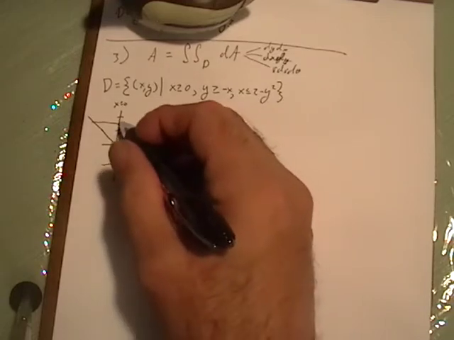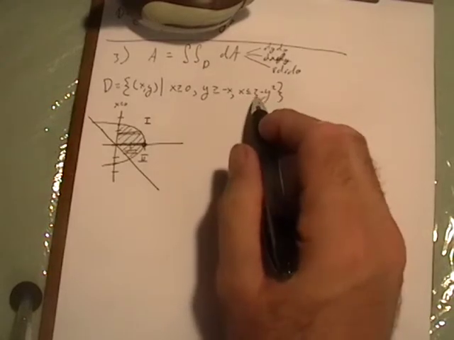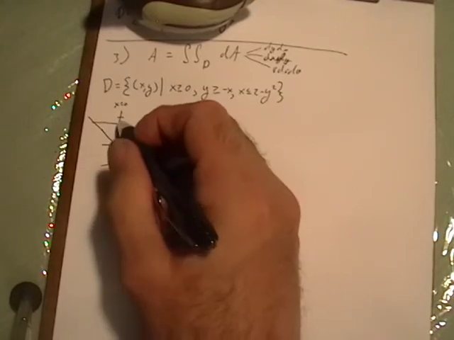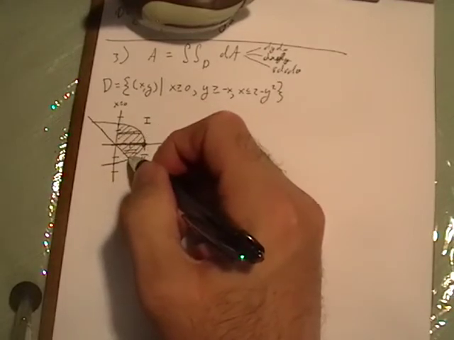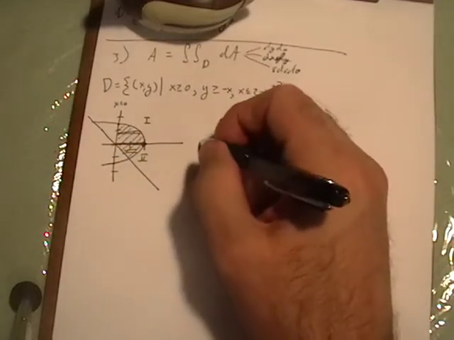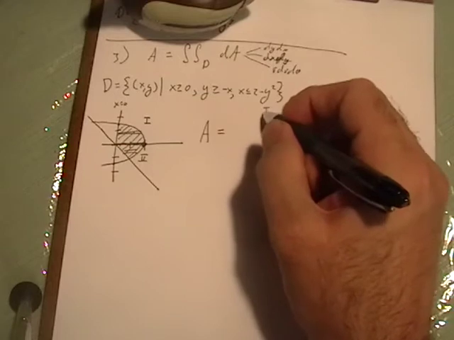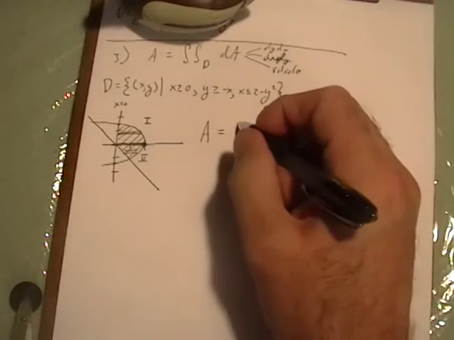Because the right-hand value of x remains 2 minus y squared, but the left hand changes character. For a while it's 0, for a while it's minus y. The area should be the sum of area 1 plus area 2.